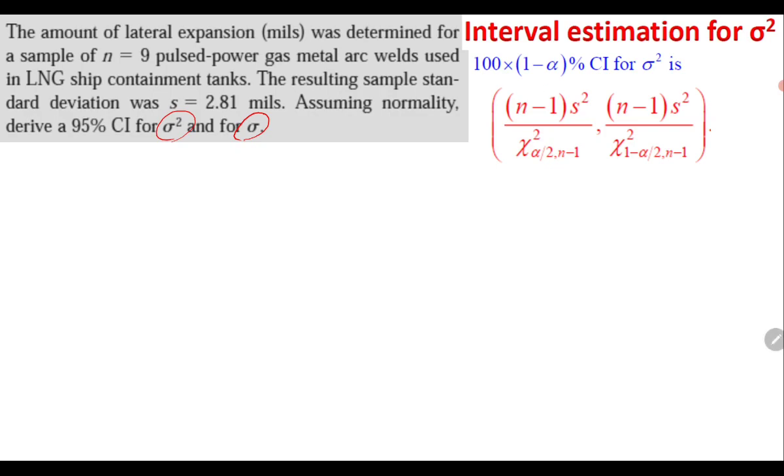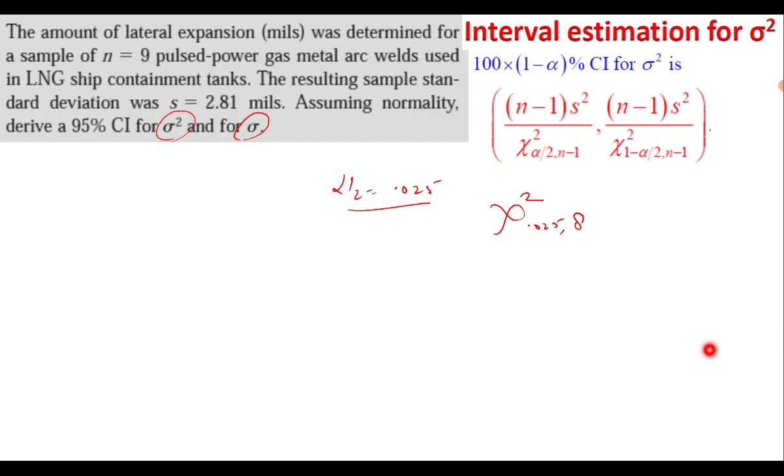It is a 95% confidence interval, which means alpha by 2 is again 0.025. You need to see what is chi-square 0.025 comma n minus 1. N is 9, so it's 8, and 8 represents the degrees of freedom.